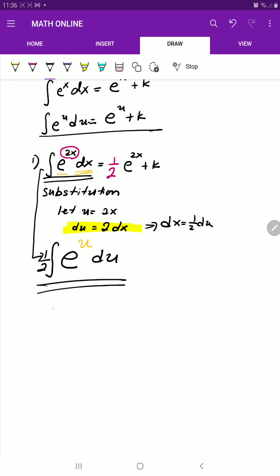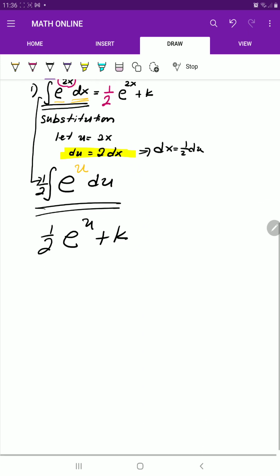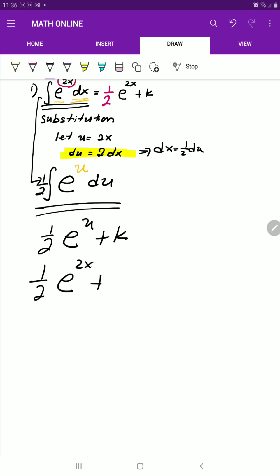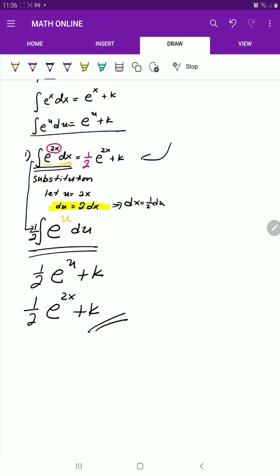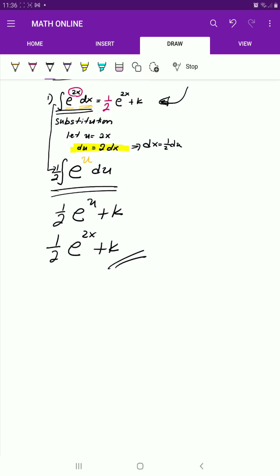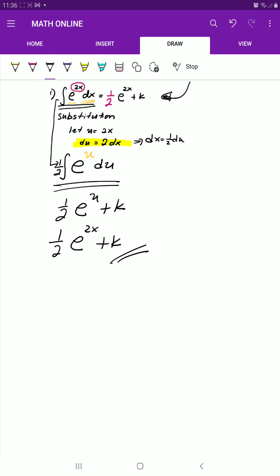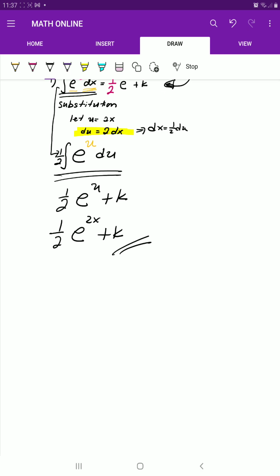Therefore the final answer is 1/2 e to the u plus k, or putting it back into x, 1/2 e to the 2x plus k. But actually this is the easiest way: just take the derivative in your head, and then put the reciprocal.